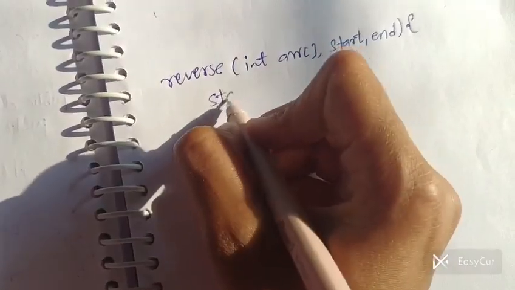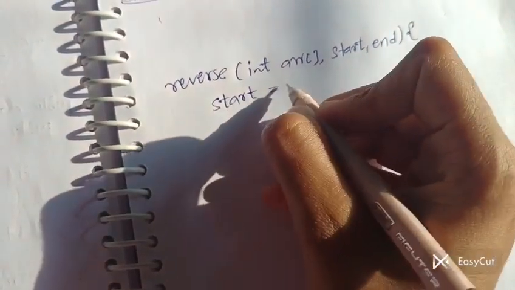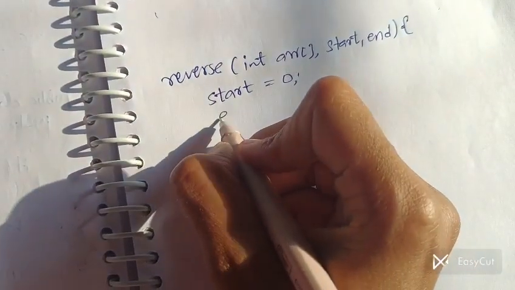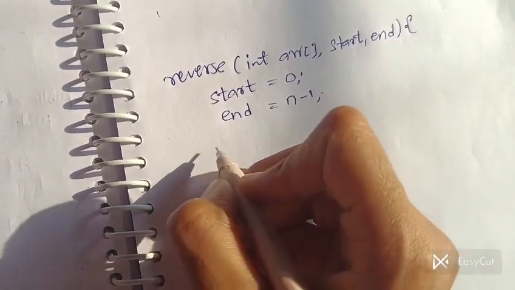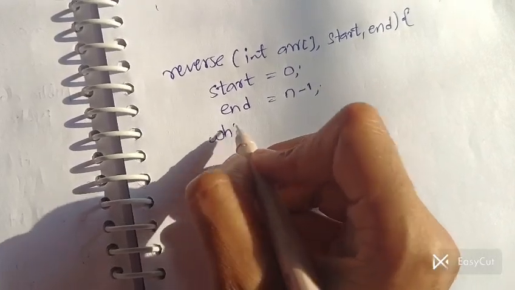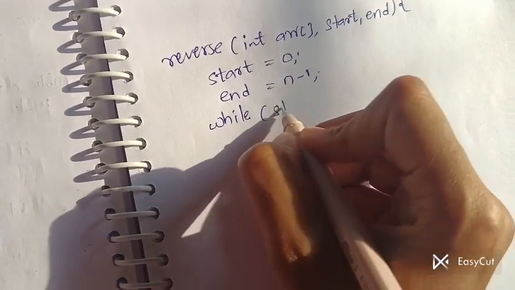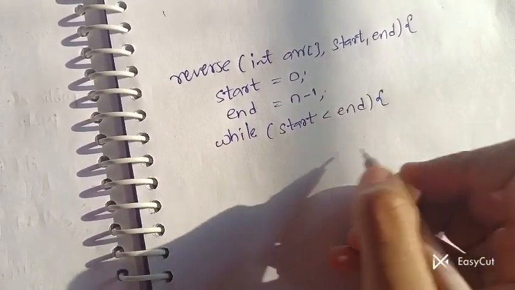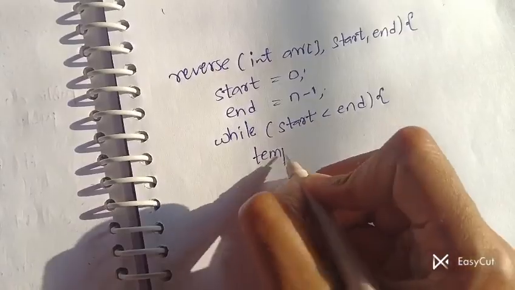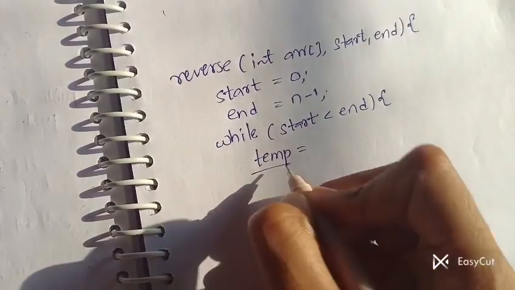Let's initialize the first pointer start with 0, and obviously the next pointer will be the length of the array n minus 1. Now we are going to write the base condition, that is while start is less than end. Whenever start is less than end, we are going to swap. Swapping can be done by using a temp variable.